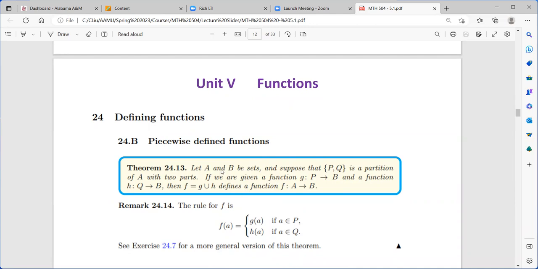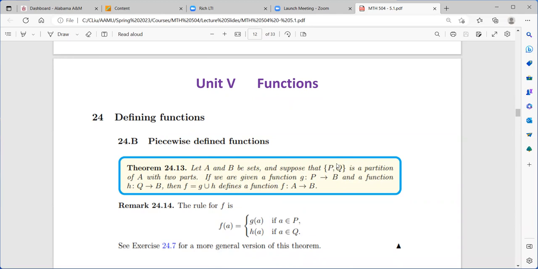So let A and B be sets. So again, we have one set A and one set B. And suppose that the set {P, Q} is a partition of A with 2 parts. So you just divide the set A into 2 parts, P and Q. They are disjoint. By partition, it means they are disjoint.